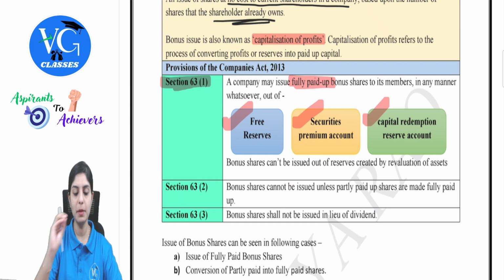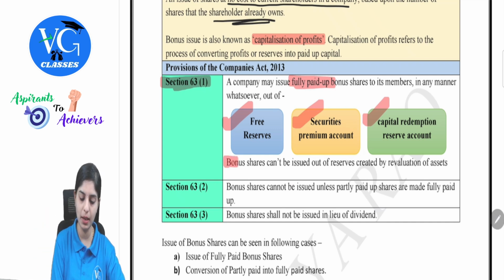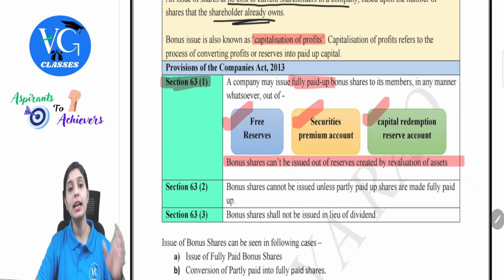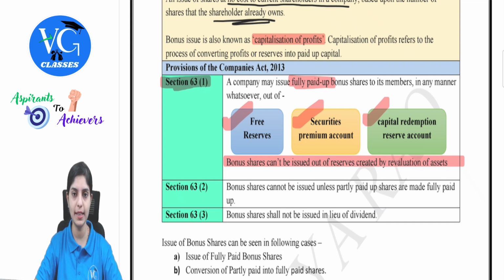Bonus shares can't be issued out of reserves created by revaluation of assets. Another important point to focus on. Bonus shares are nothing but converting my reserve structure into capital. This is talking about revaluation reserve. If you remember, we had understood this in detail in the chapter on depreciation and amortization.